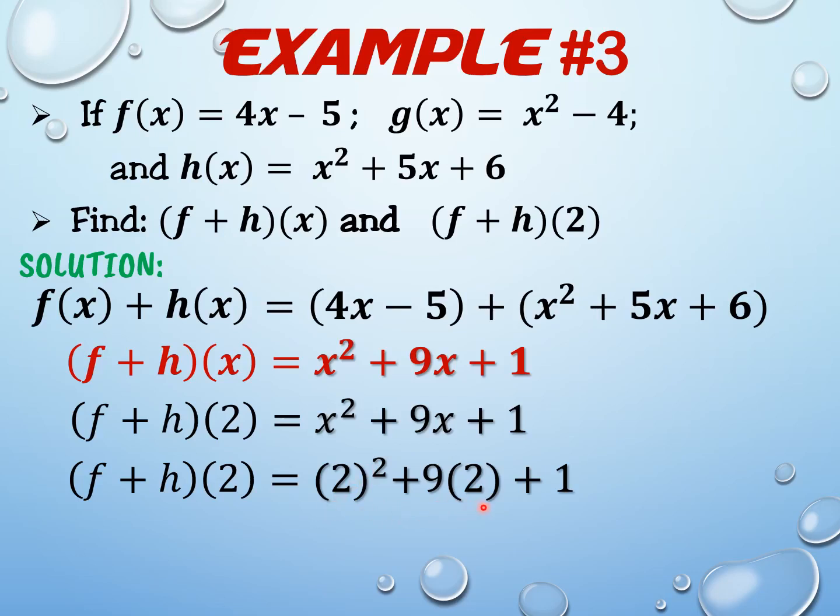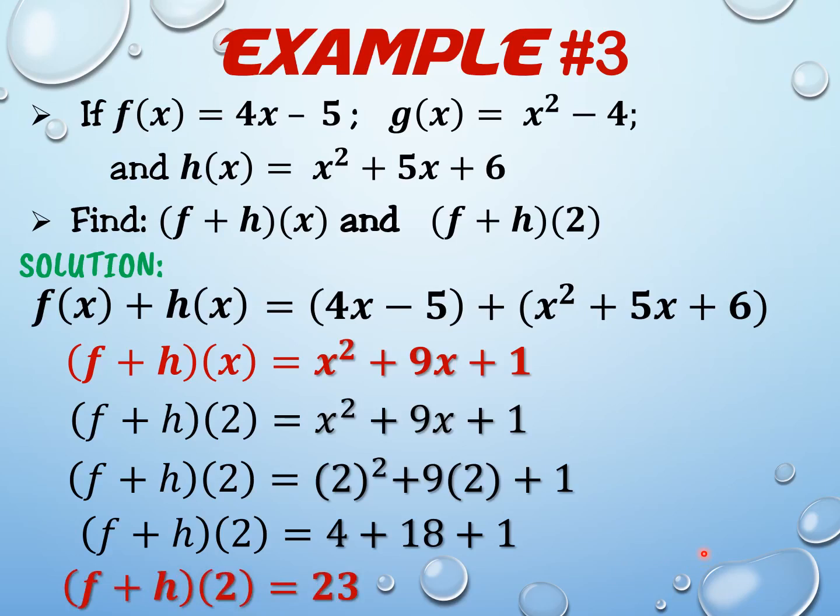And then you have 9 times 2 is? Correct. That is 18. And then plus 1. So what is 4 plus 18 plus 1? Yes, the final answer will be 23. So this is your answer for f plus h of 2. We evaluate the function at 2. And this is the sum of the function. So I hope that is clear, guys.